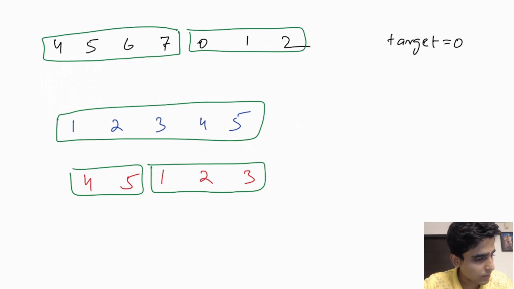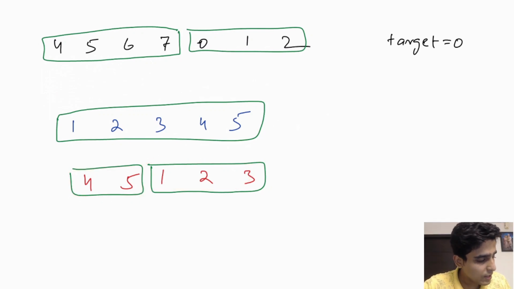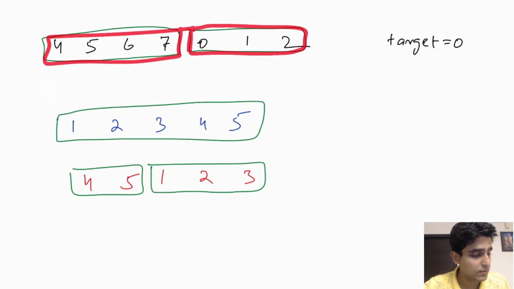So the problem is, how do we divide it into parts? Basically, we have to find the smallest element in the array, and at this element we will divide the array into two parts.